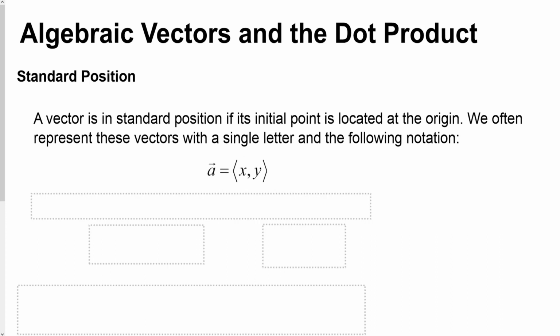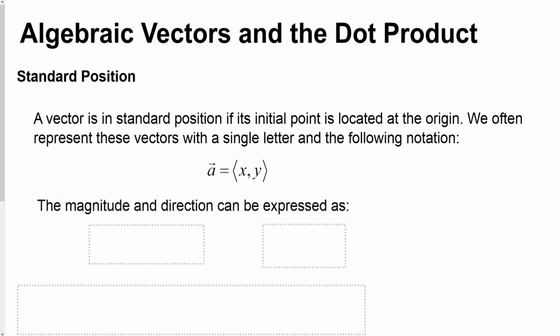A, with an arrow over top of that A. You can use any letter really, but the arrow over top indicates that you're dealing with a vector. Then I have my components x and y inside a set of brackets, almost like extended greater than, less than symbols.